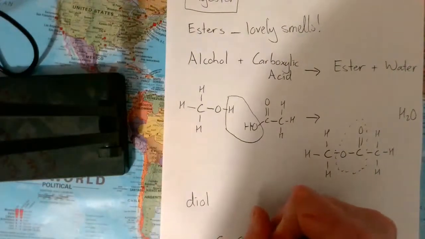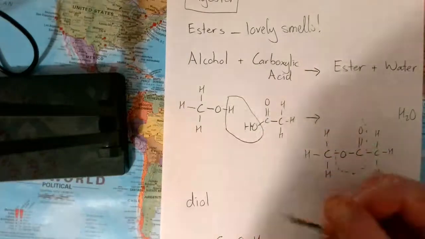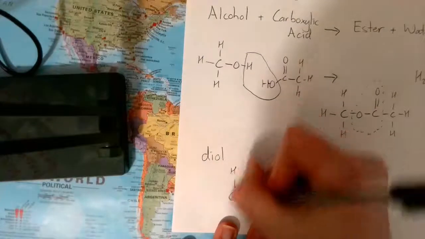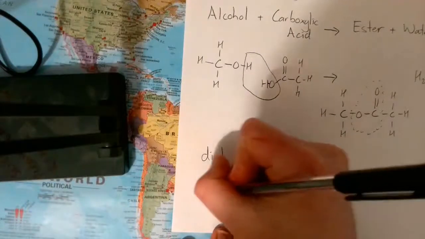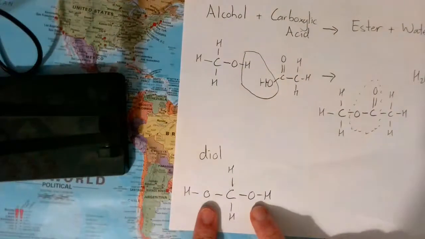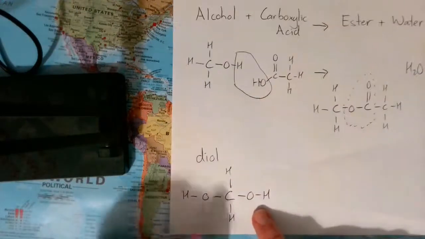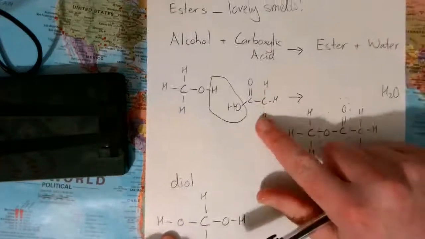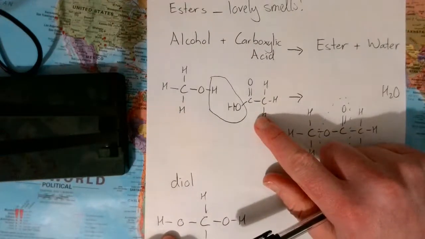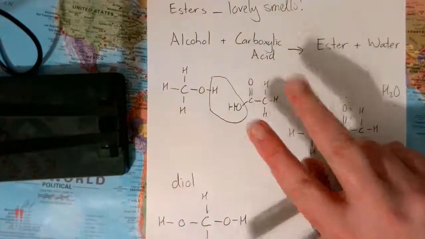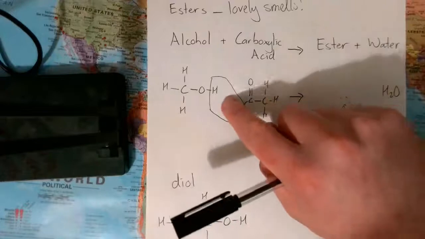So you could have, taking the chemical that we had up there, and instead of having a hydrogen on the left, you could have another OH. And so it could make an ester on the right, and it could make another ester on the left. And then if we had a clever chemical that had not just one of the carboxylic acid groups, but two, you could then have an ester on the left and an ester on the right.